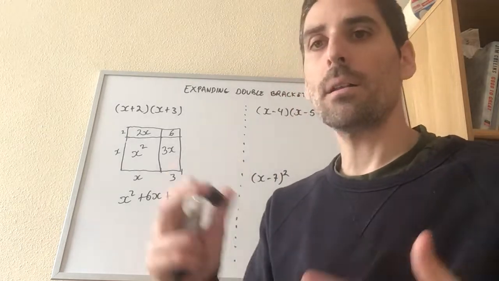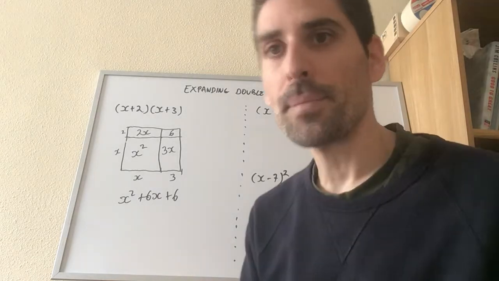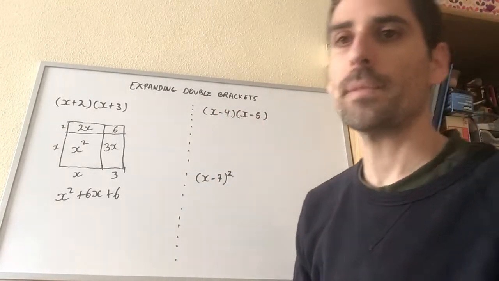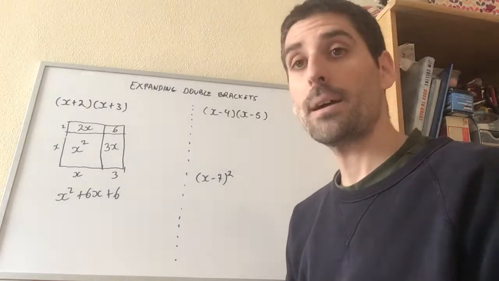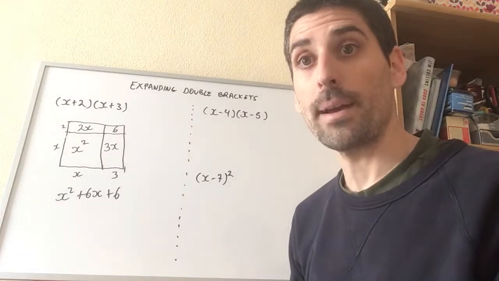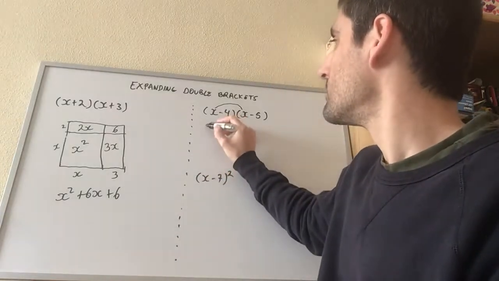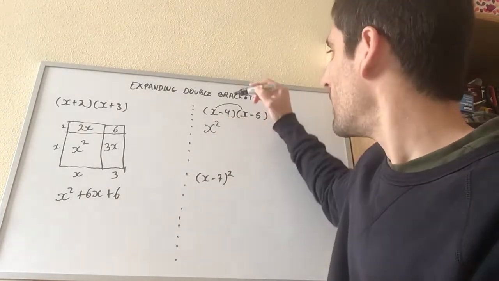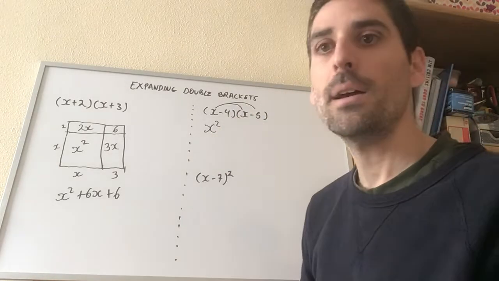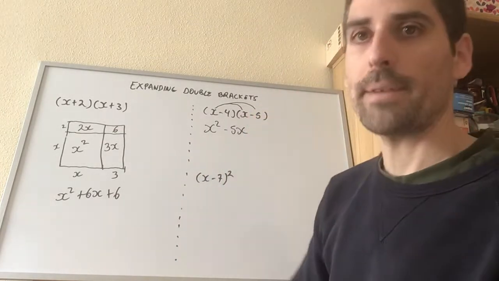Right, now we're going to look at a couple more examples with negative numbers so you see how this works and take it from there. My next example is this one here. I've got x minus 4 times x minus 5. So all I have to do is multiply everything in this bracket by everything in that bracket there. So if I do x times x, x squared, and if I do x times, be careful, because the minus belongs to the number after, so it's x times negative 5, minus 5x.